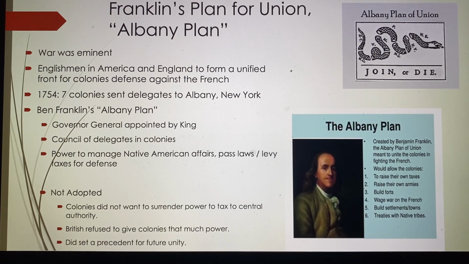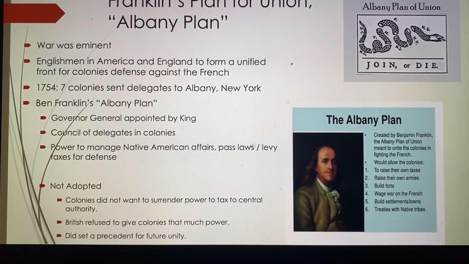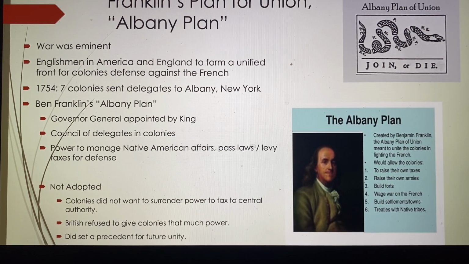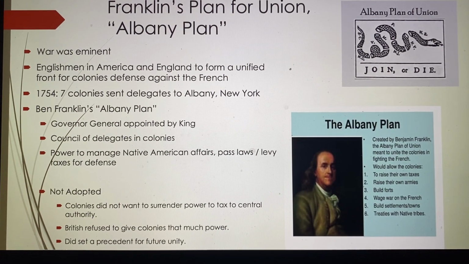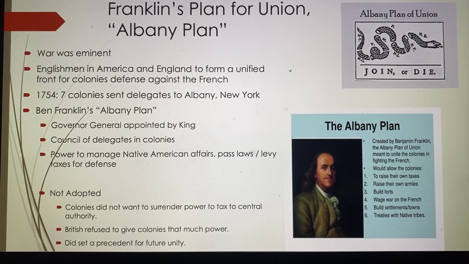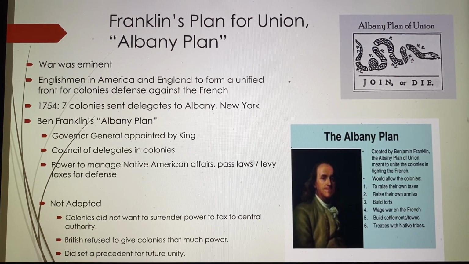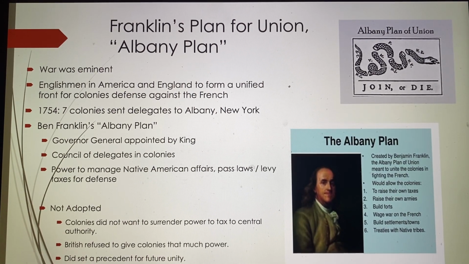So in the midst of all this, Benjamin Franklin sent forth a plan for the Union. He calls it the Albany Plan. They're still colonists. We don't have a country, and Franklin and George Washington are fighting for Great Britain, England, right?